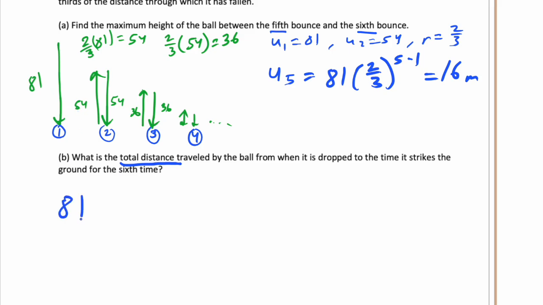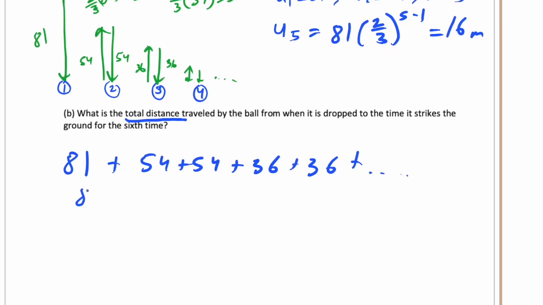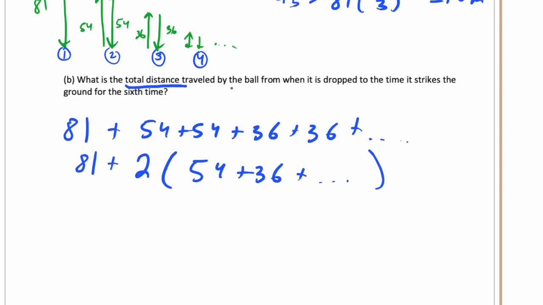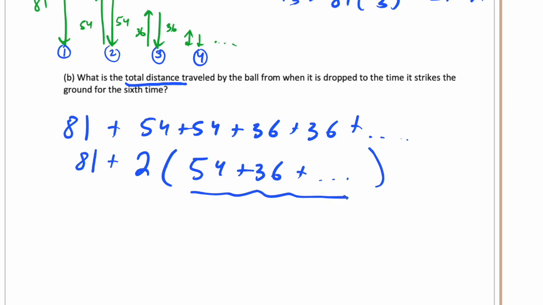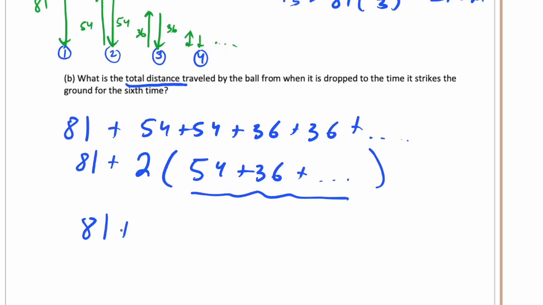Let's just do 81 plus 54 plus 54 plus 36 plus 36, plus dot dot dot, which is like 81 plus 2 times the sequence 54 plus 36, and so forth. So we just need to use a formula on this part, the series. So 81 plus 2, and that's got a U1 of 54 and an R of 2/3.